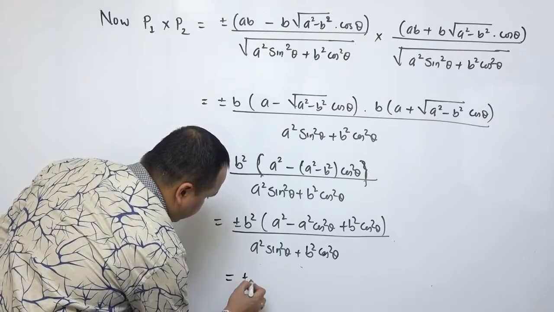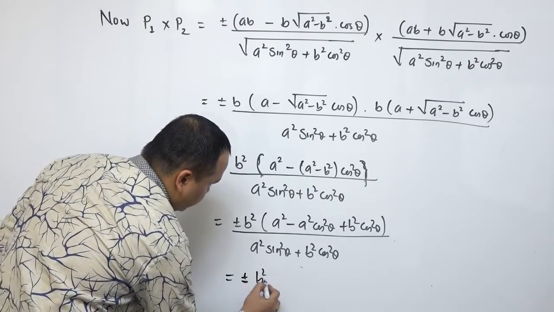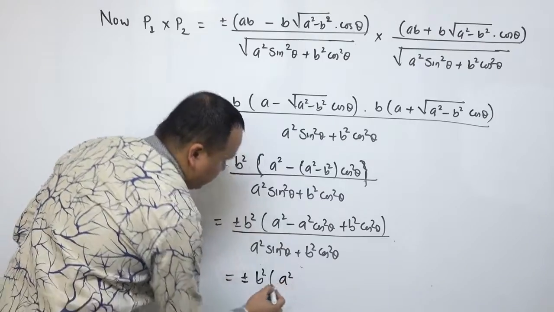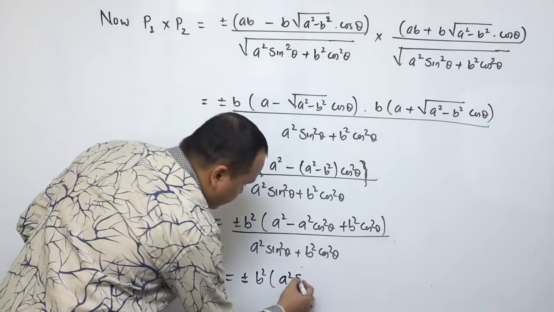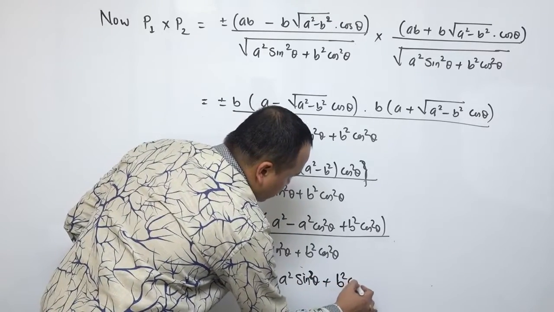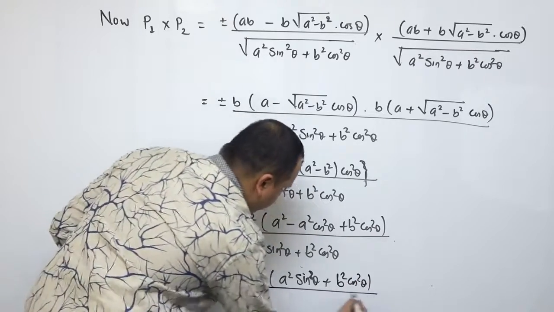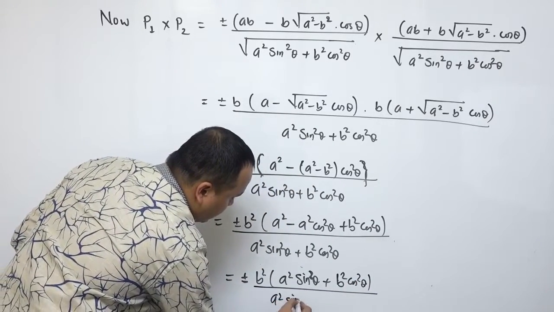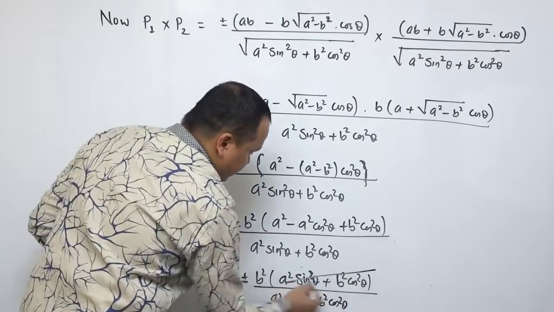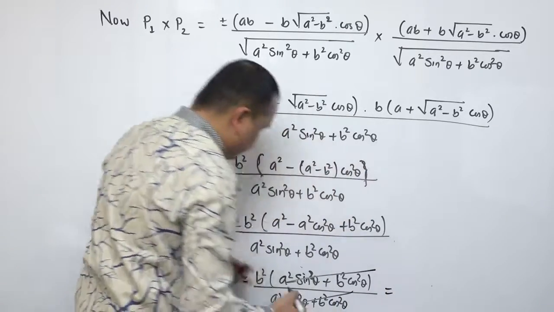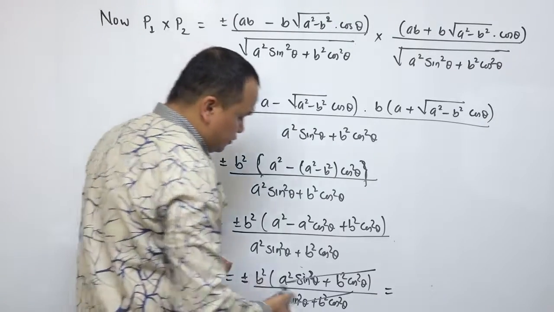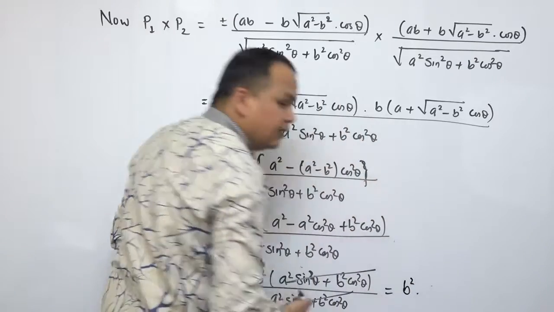This is plus minus B square, here A square common, A square, then 1 minus cos square theta, sin square theta plus B square cos square theta upon A square sin square theta plus B square cos square theta. This cancels, and this is plus minus B square, but product of two distances is always positive, so this is just B square, hence proved.